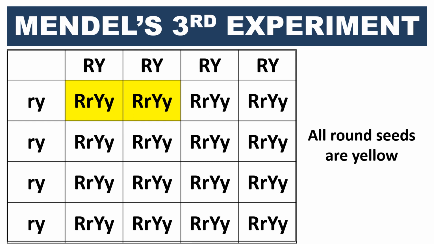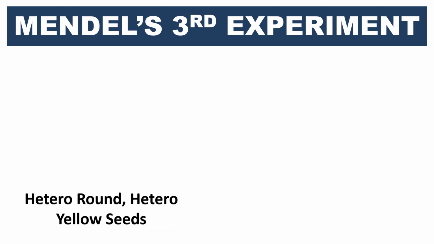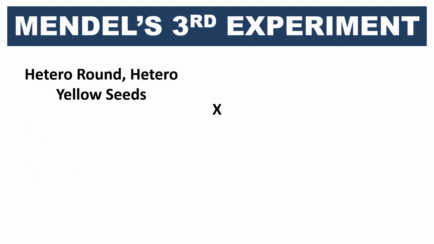To get the second filial generation, he allowed the hybrid to self-pollinate. The parent alleles would be heterozygous round yellow seeds. To get the F2 generation, these alleles will be used.